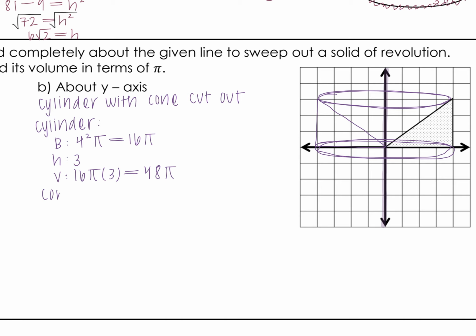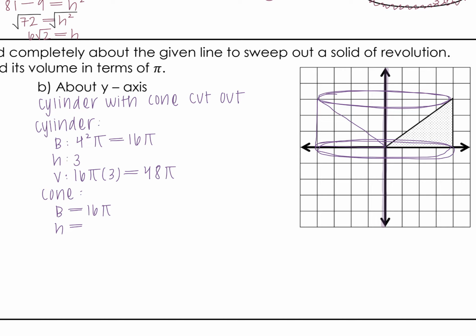Then for my cone, we have that same B. So we're going to have 16 pi. And then my H, we've got is going to be 1, 2, 3.